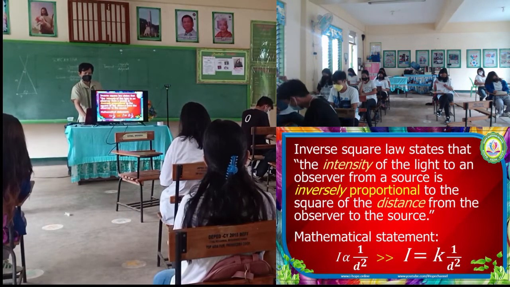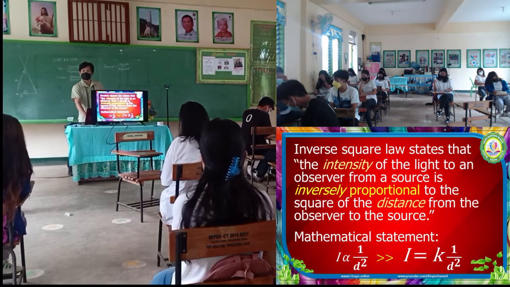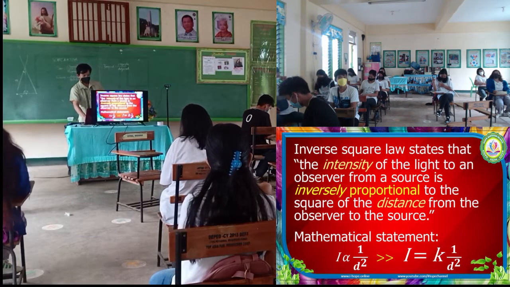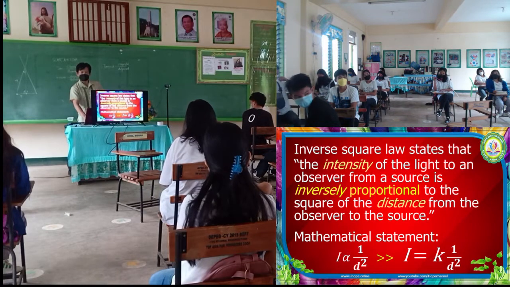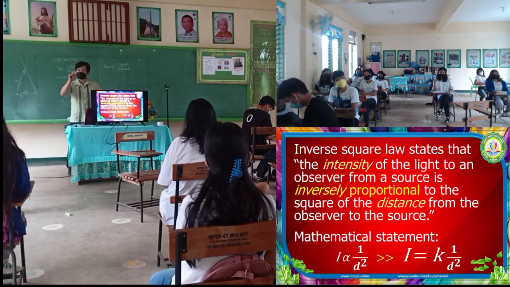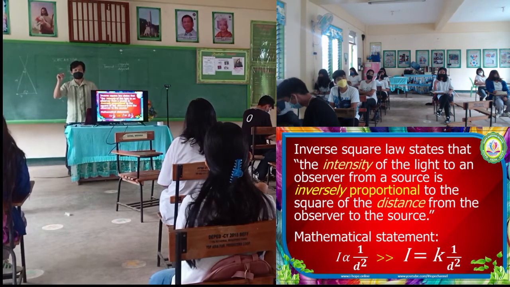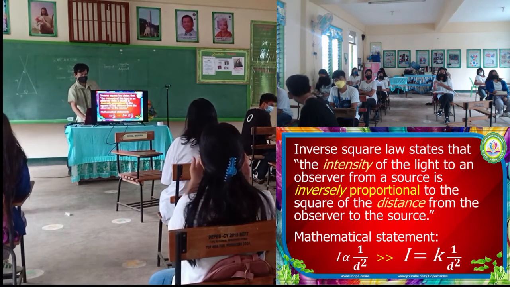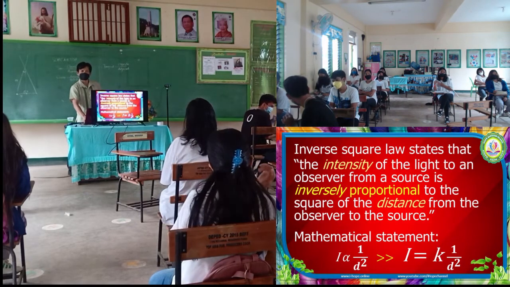So, inversely proportional. In a mathematical statement, the relationship is: I, for intensity, is 1 over the square of the distance. The inverse of 4 is 1/4. So, inversely proportional to the square of the distance means 1 over the square of the distance.